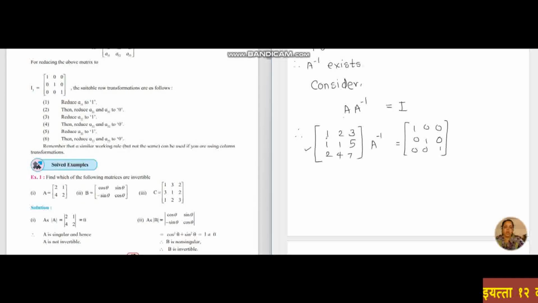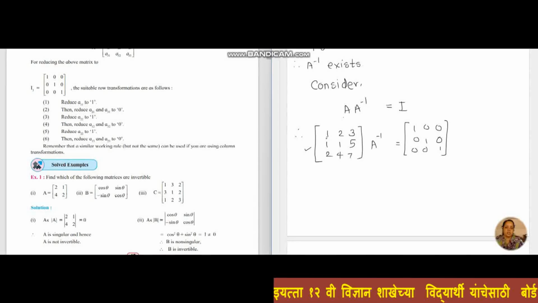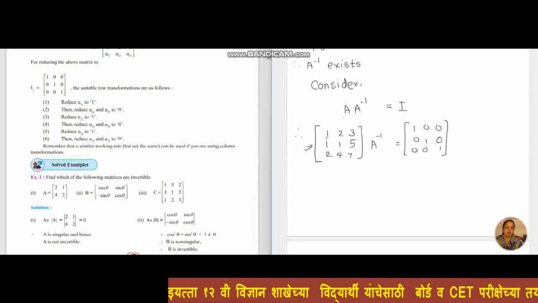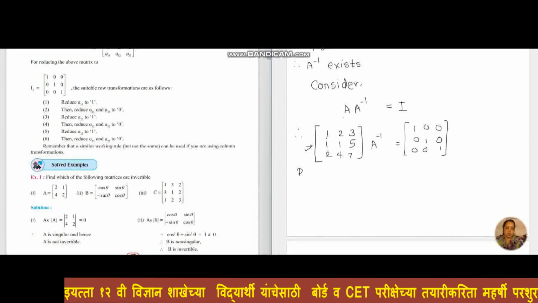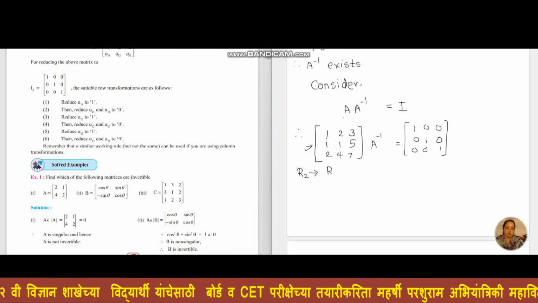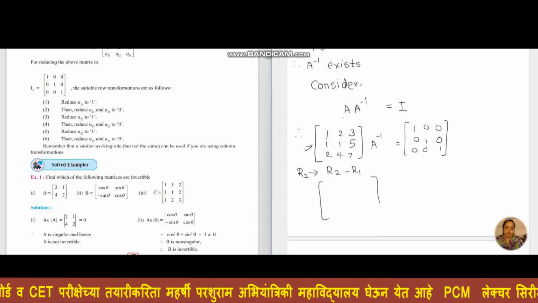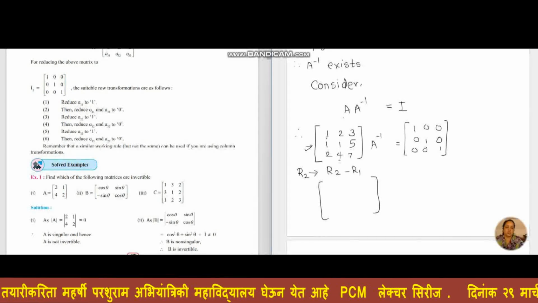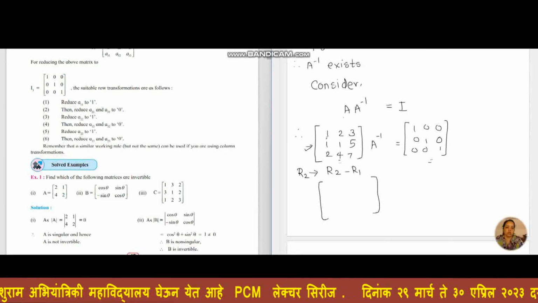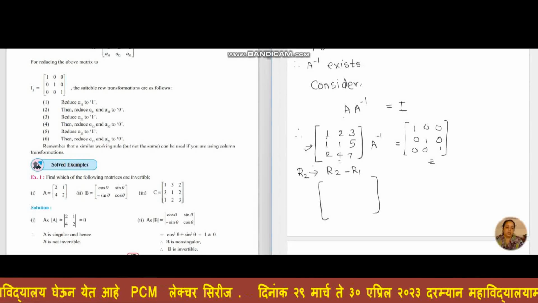If we subtract R1 from R2, then we get 0 at the second position in the first column. So our operation is R2 changes to R2 minus R1. Apply the same operation on both matrices, on A and on the identity matrix also.